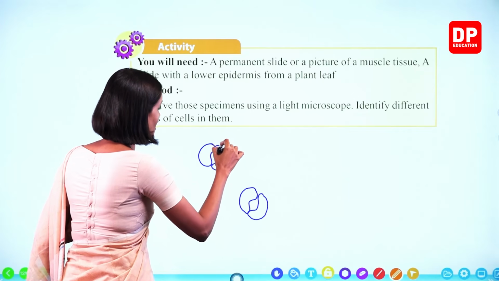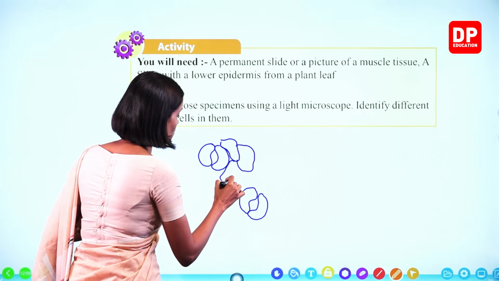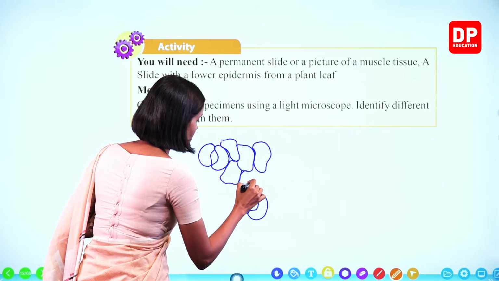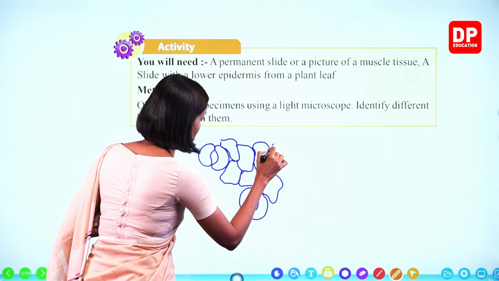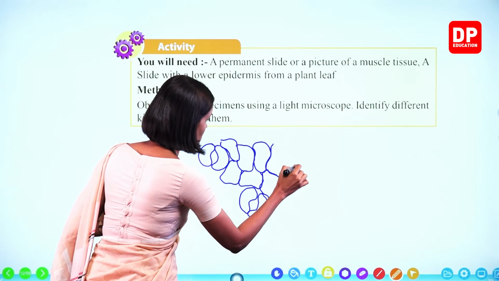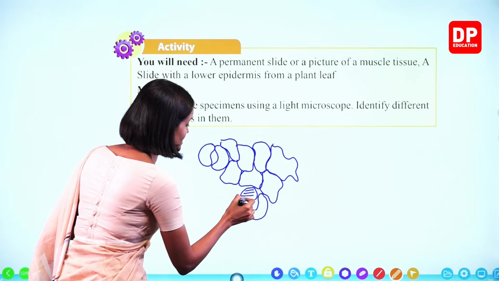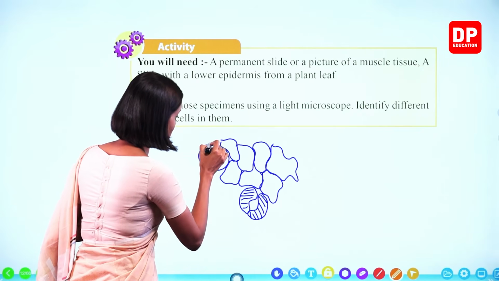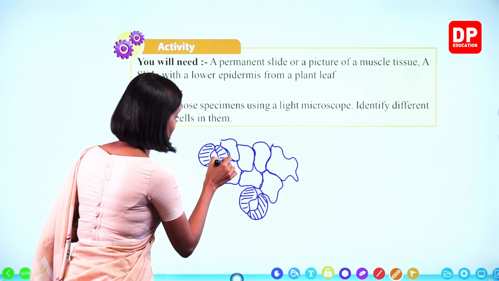Apart from that, there were other cells in the lower epidermis of the plant leaf. Their shapes are different. When you consider the guard cells, you can clearly identify that they have a bean shape. The other cells are different from them.